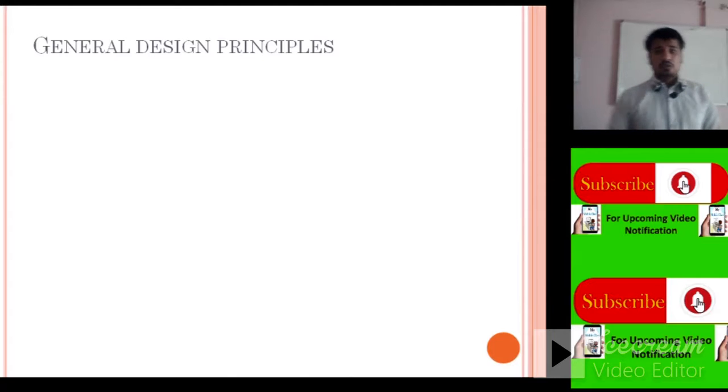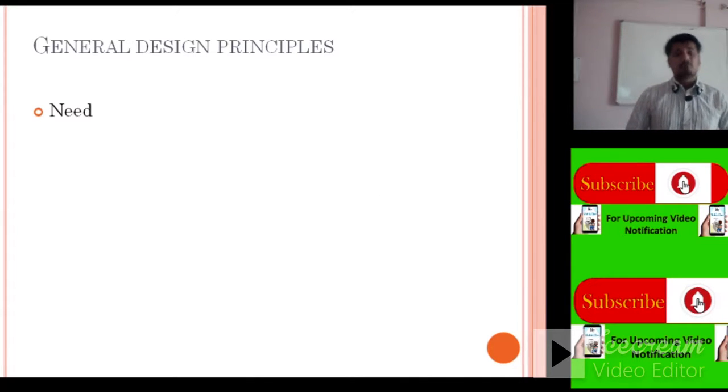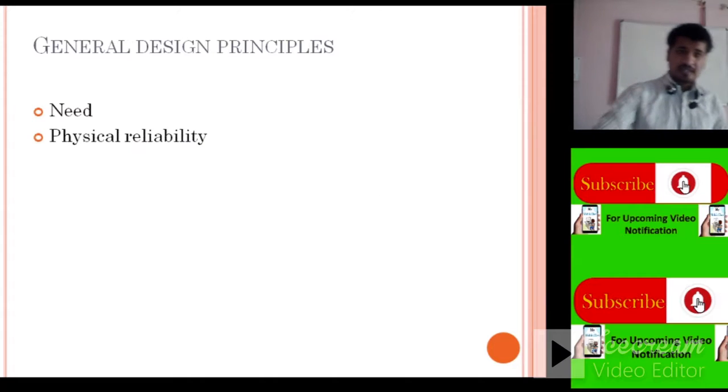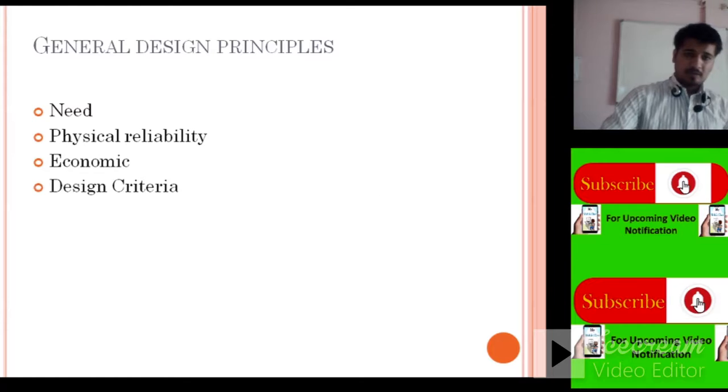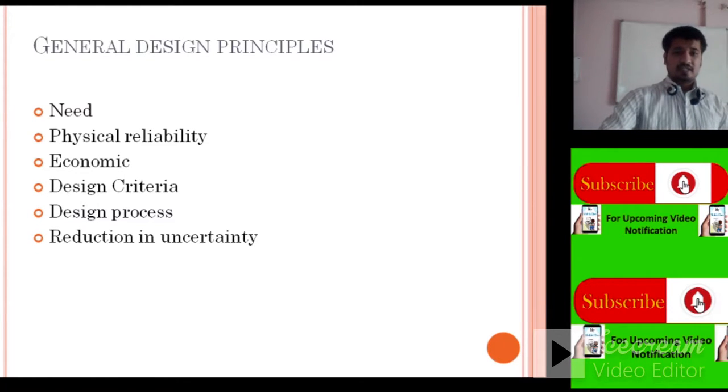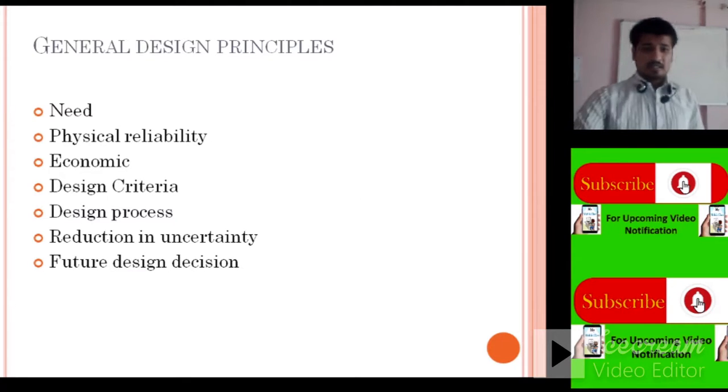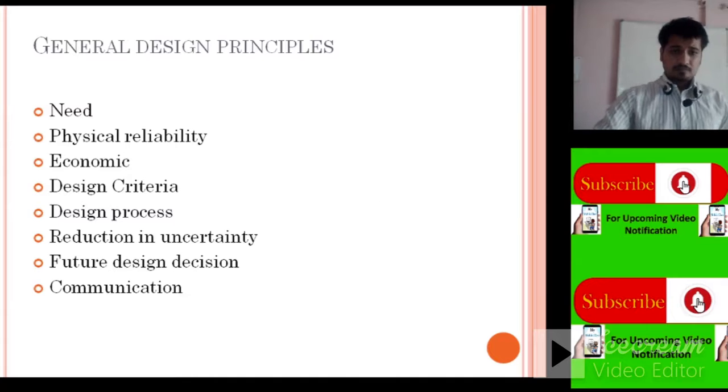Now there are general design principles for this philosophy of machine design. The first ones are need, physical reliability, economic, design criteria, design process, reduction in uncertainty, feature design and decision, and communication.